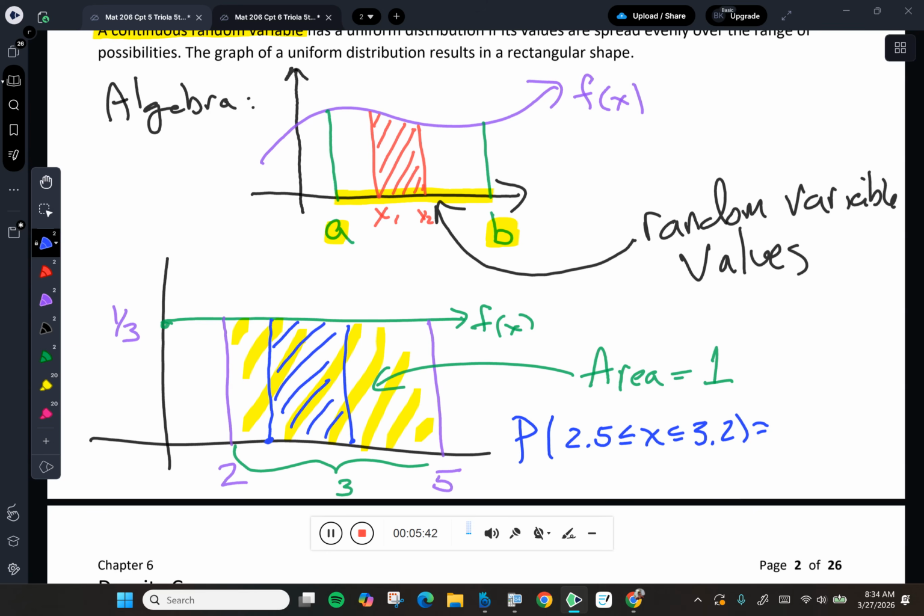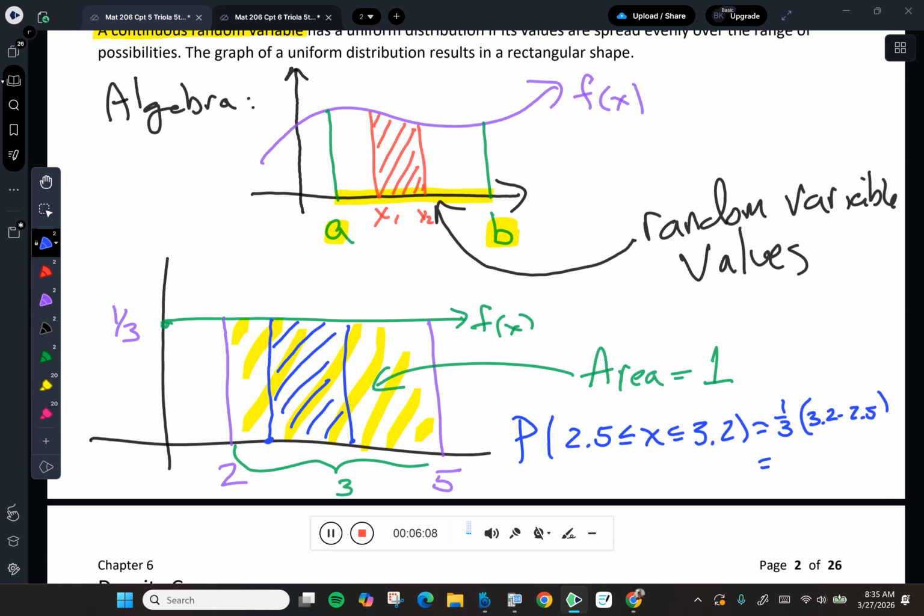And the area of that little blue piece would then be our probability for the range of values 2.5 to 3.2. Now, the way we'd find that is we'd find the area of that rectangle. It has a height of 1/3. It has a width of 3.2 minus 2.5. 3.2 minus 2.5, what is that?